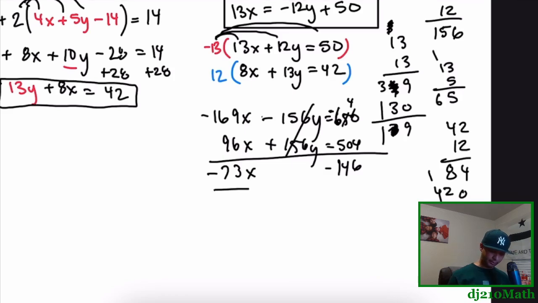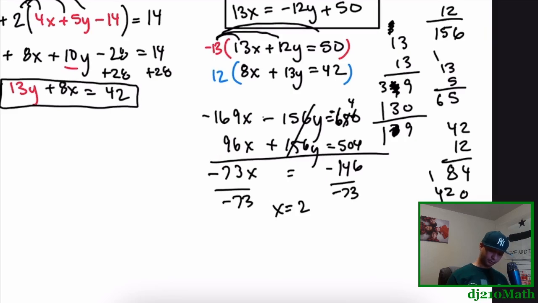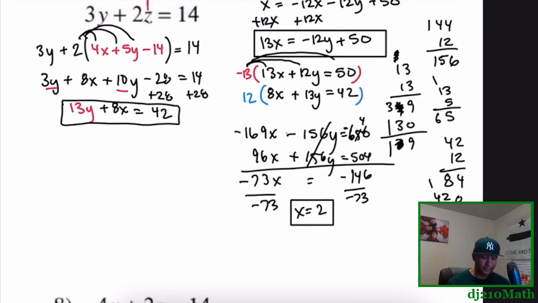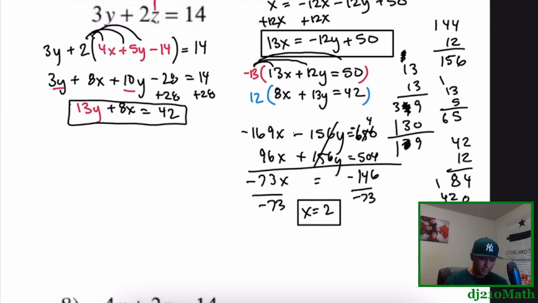And that's nice because look, negative 73, negative 73, x is equal to positive 2. Man, that one's intense.